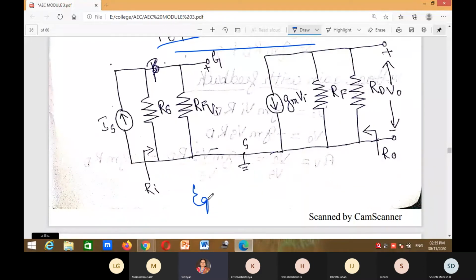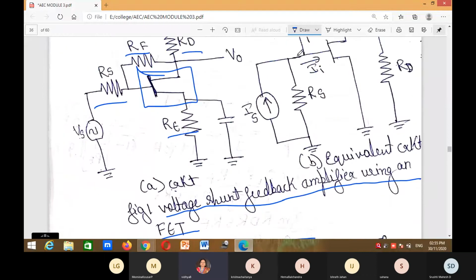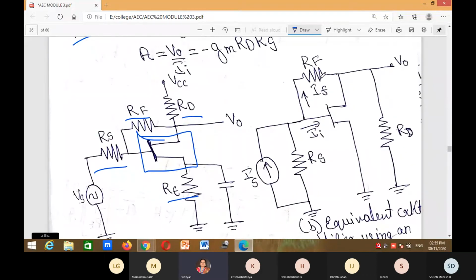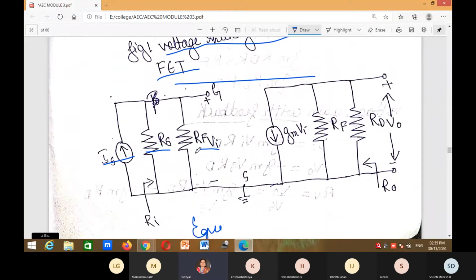This is the equivalent circuit of that, with Is, Rs, and Rf, where Rf is the feedback resistance, and this is the input voltage. Here, gm into Vi is the transconductance source, with Rf, Rd, and V0.